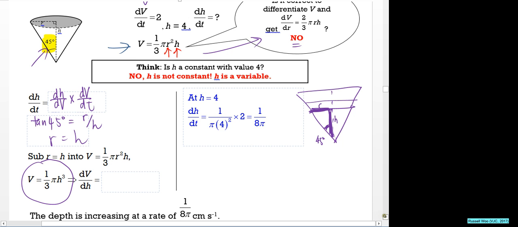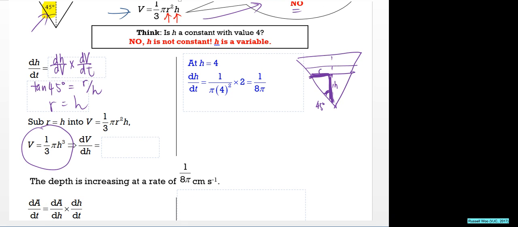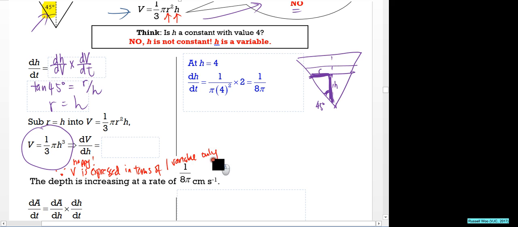Now, I want to stress this. We are happy because V is expressed in terms of one variable only.